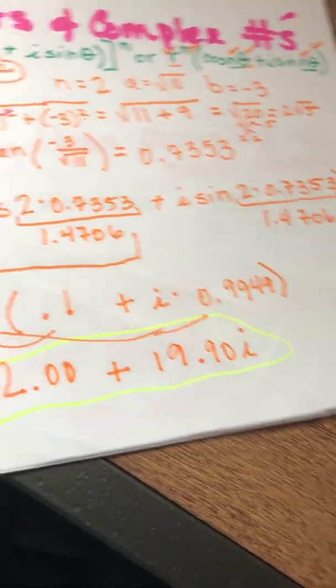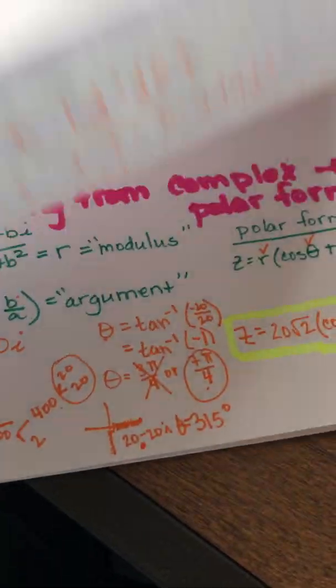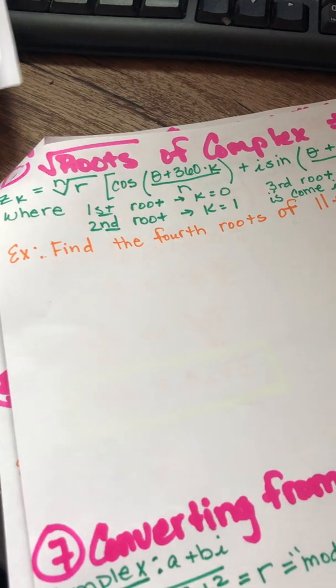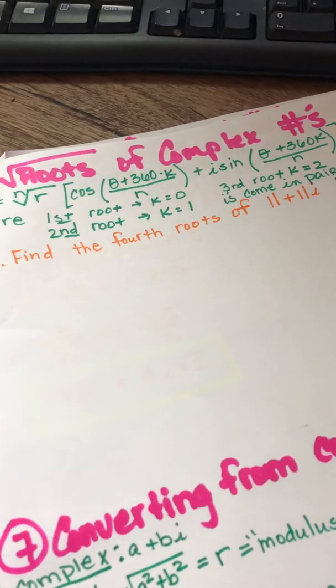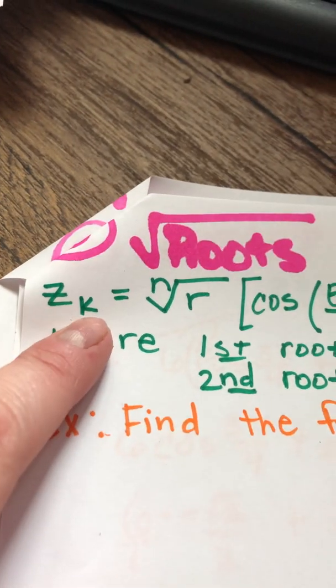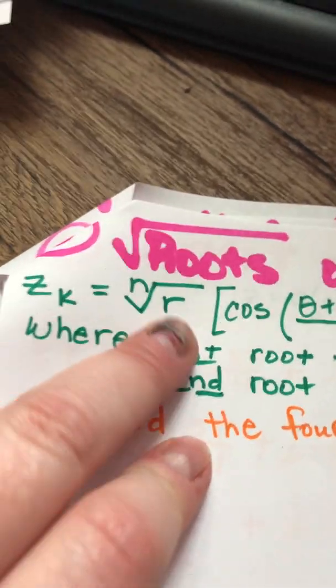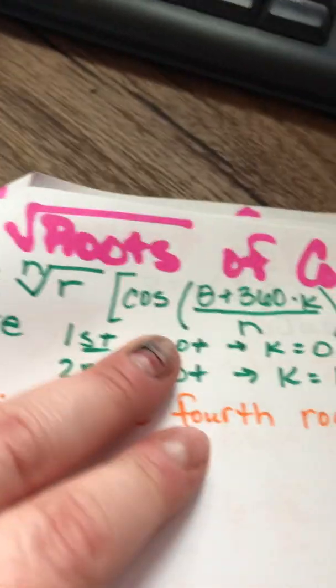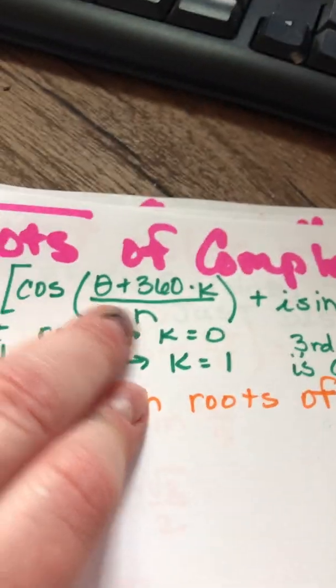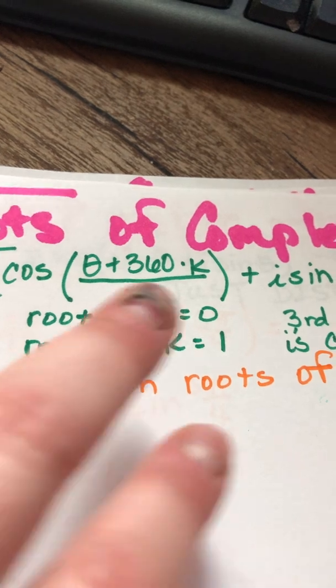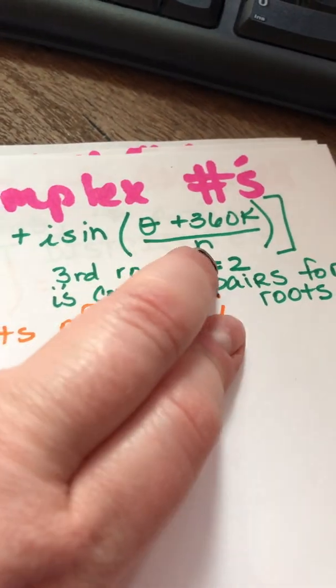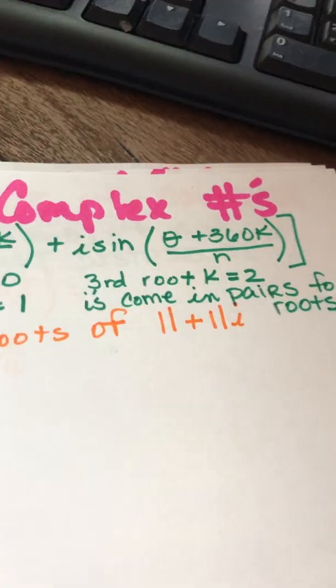Okay, the only thing left to do is finding roots of complex numbers. And to find the roots, we have to use a special formula. It looks like z sub k equals the nth root of r, bracket cosine theta plus 360 times k over n, plus i sine theta plus 360 k over n.